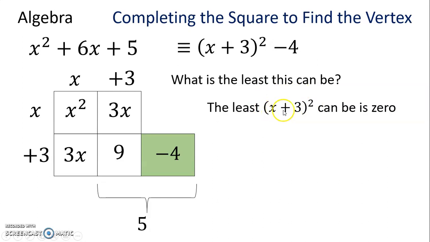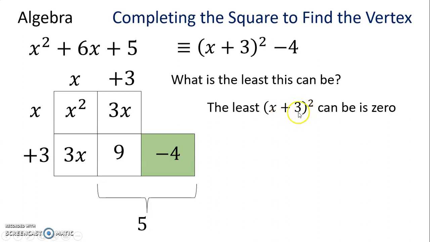So I would get negative 3 add 3, and that would give me 0. It can't be less than 0, because even if I make what's inside the bracket negative, then when I square it, it will be positive, because as we looked at on the last slide, when you square a negative number, you get positive. So x plus 3 squared can be positive, but it can't ever be negative, so the least it can possibly be is 0.